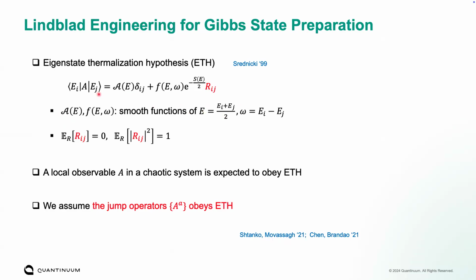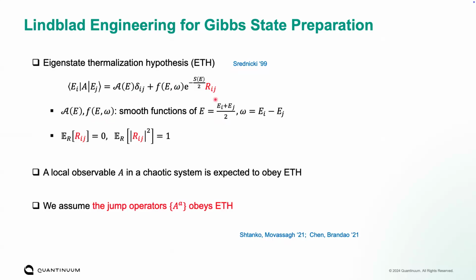What we are more interested in is the second term. That is roughly given by a random matrix. So roughly speaking, this observable in the energy eigenbasis is described by random matrix theory. But the contribution is exponentially suppressed. So this is e to the minus S(E) over 2, where S is the thermal entropy of the system. And f is a smooth function of E and also the energy difference omega.